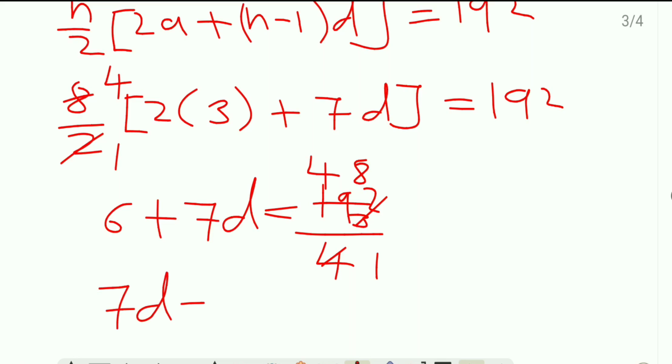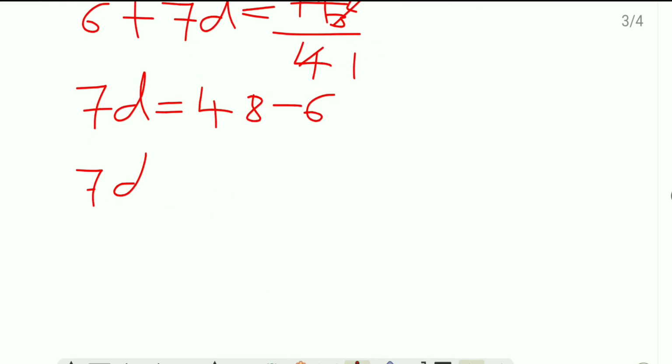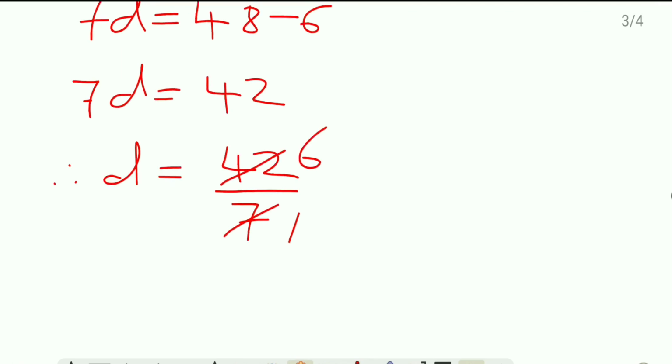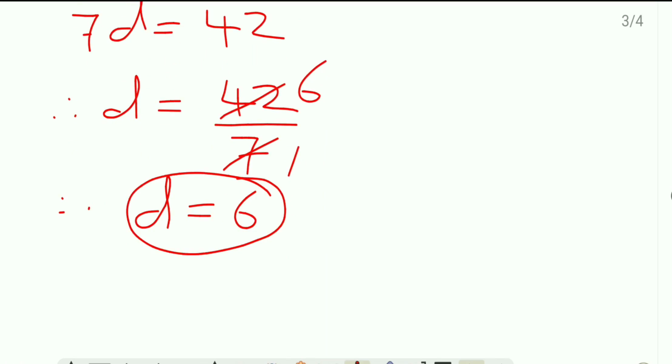So 7d, which is equal to 48 minus 6. Here 7d, which is equal to 42. So d, which is equal to 42 by 7. 7 ones are 7 and 7 sixes are 42. Correct? In this way, we are getting the value of d. Therefore, the common difference is equal to 6.